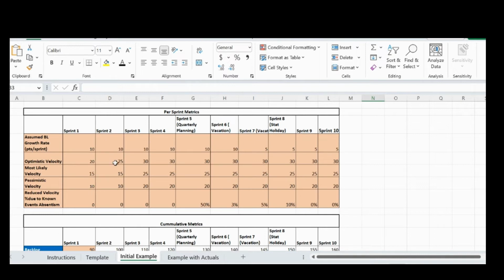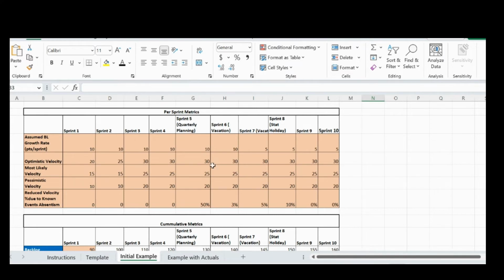In the second sprint, the team has worked with each other more. So optimistically, we said maybe we can even finish 25, but our most likely and pessimistic values stayed the same. The same trend continued, and as you see, in sprint 3 we increased our most likely and pessimistic values as well, and then they almost stayed the same all the way through.